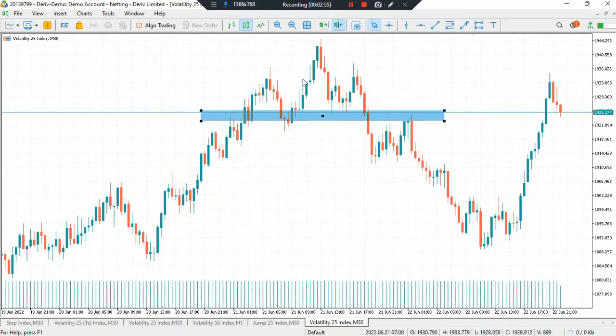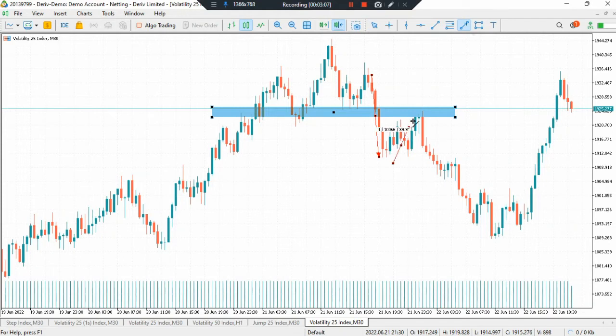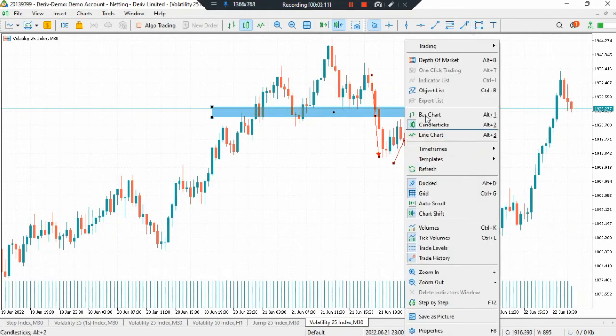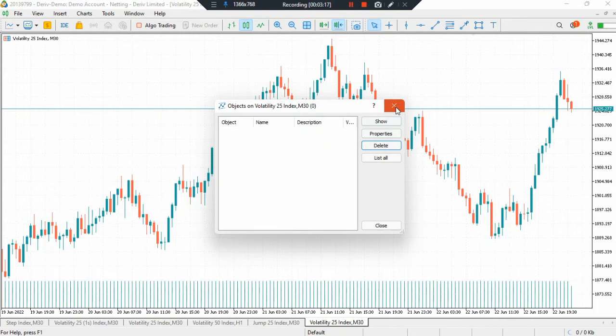Your trend will be somewhere around here, above the trend. So what are we waiting for? We're waiting for this trend to break below and give us a retest around this area. Then we start looking for a selling position to the downside. That is the first method that you'll be using.